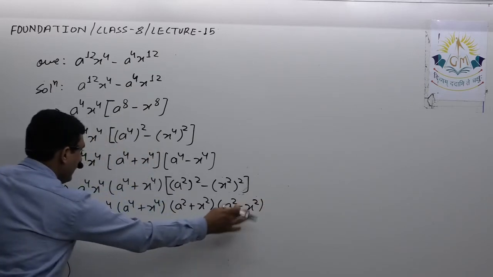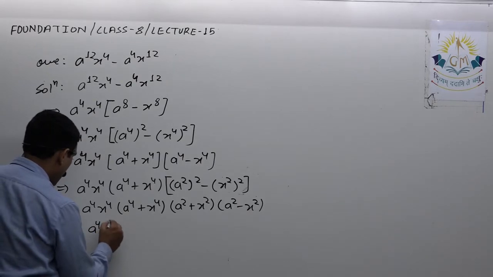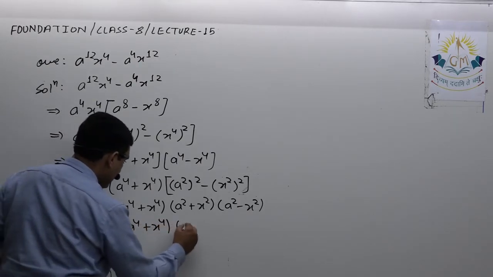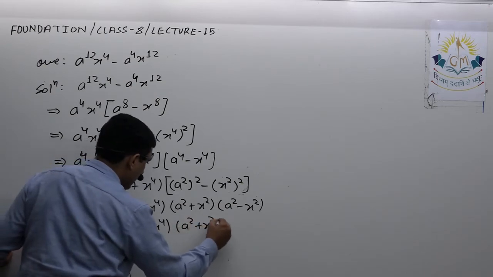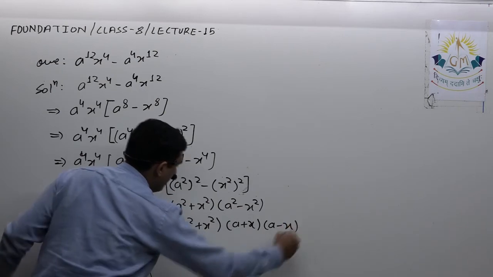Okay, and finally we'll factorize this, because again that is in the form of a square minus b square. So this is my final answer: a plus x over here, and here it is a minus x.